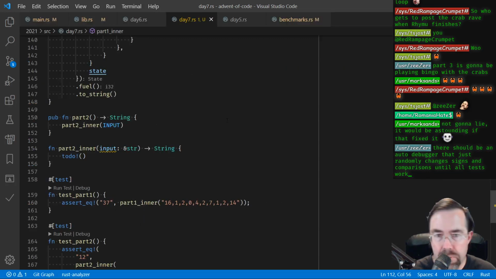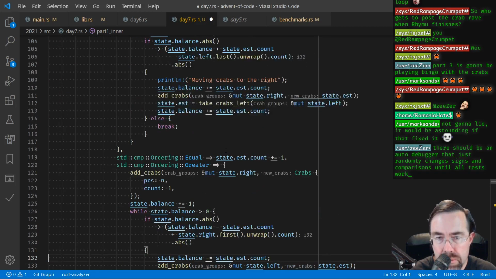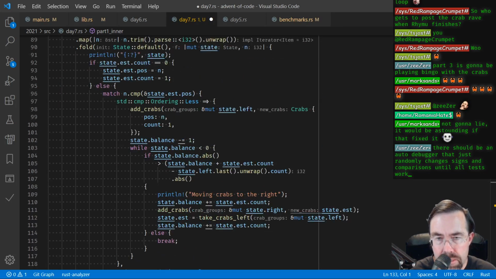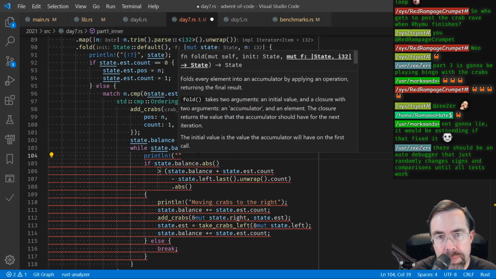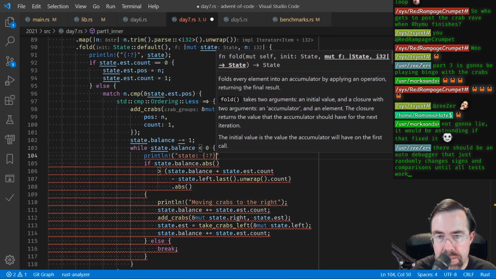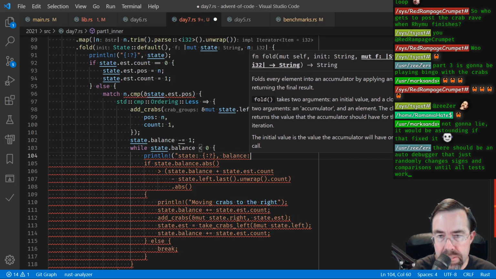Hold on, I need to print more. Let's not debug that. Let's print them all out. So print line state, balance.